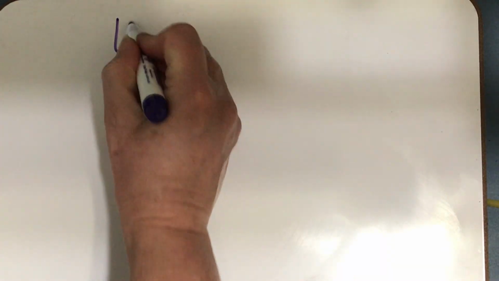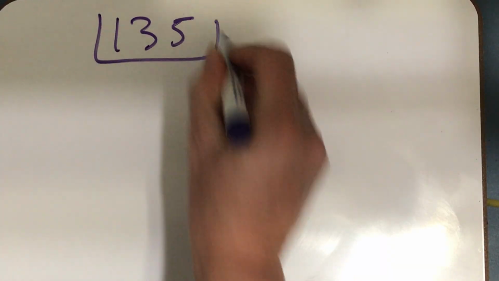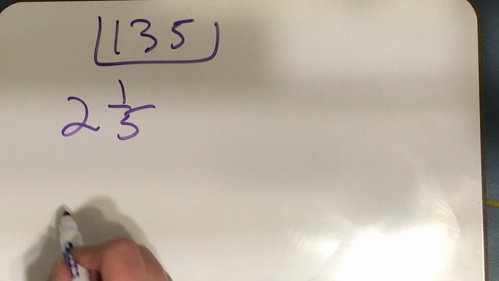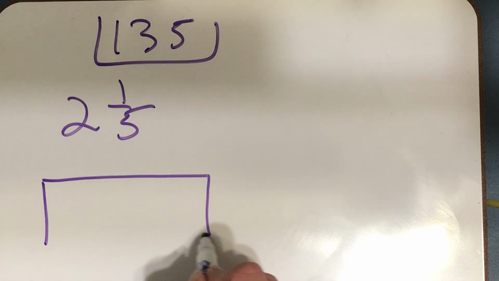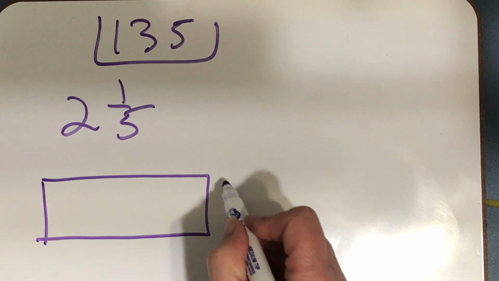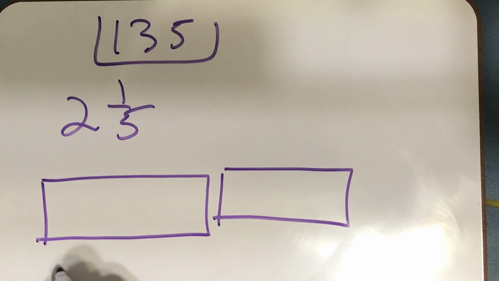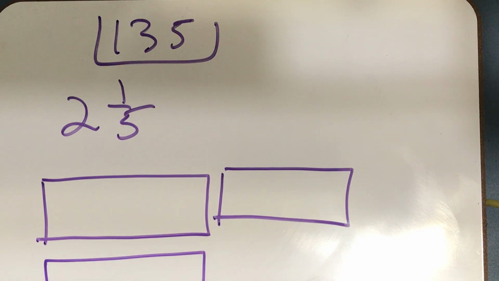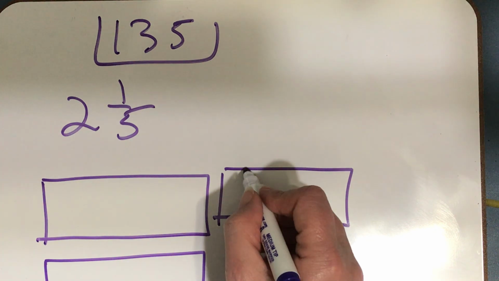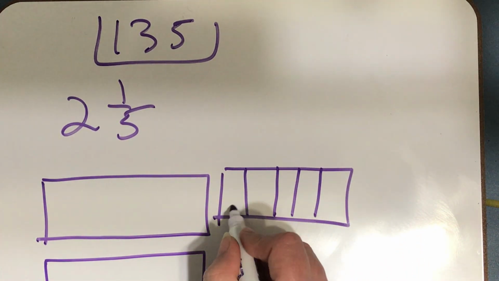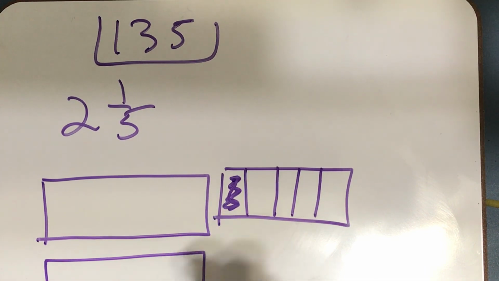I'm doing rectangles because circles are hard to divide into fifths. 2 wholes, and then I need another whole to make my 1/5. I'm going to take this rectangle and divide it into fifths. I'm shading 1/5.